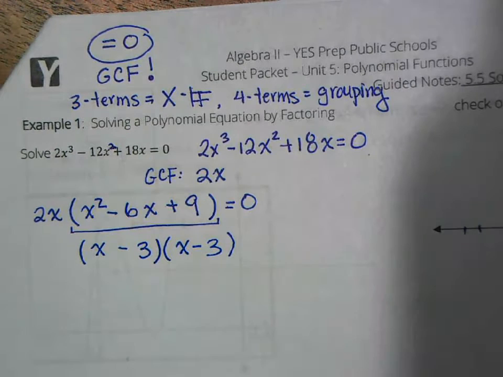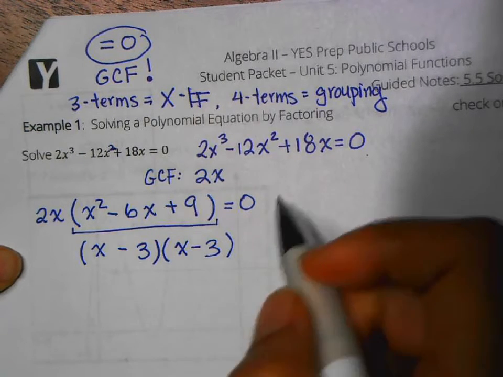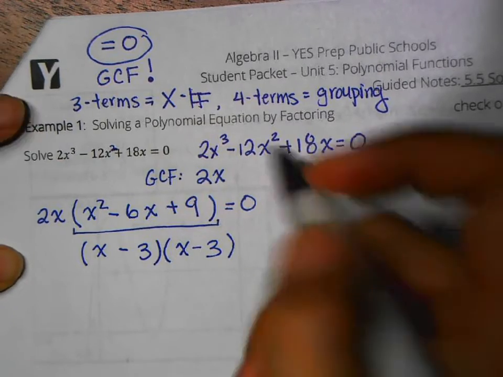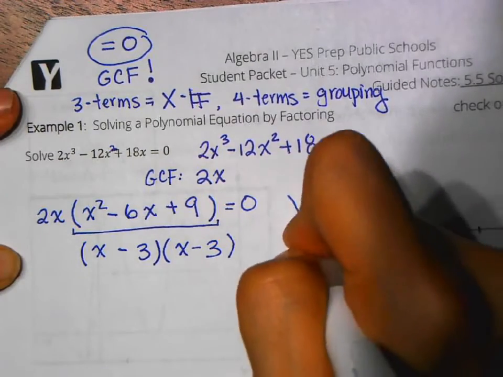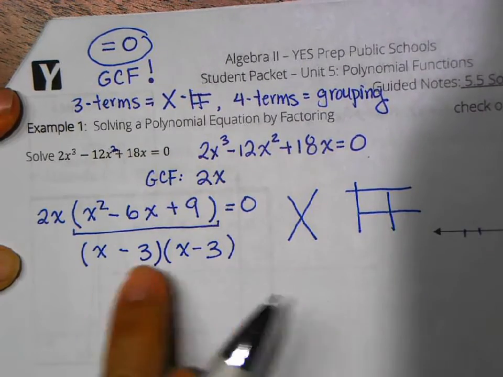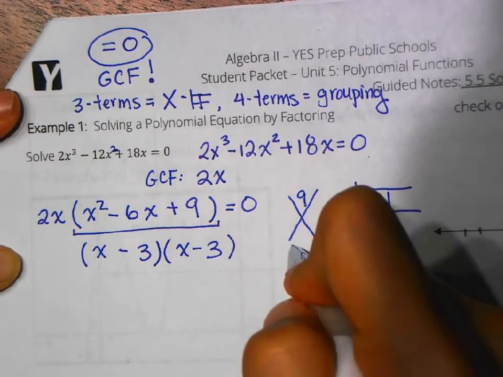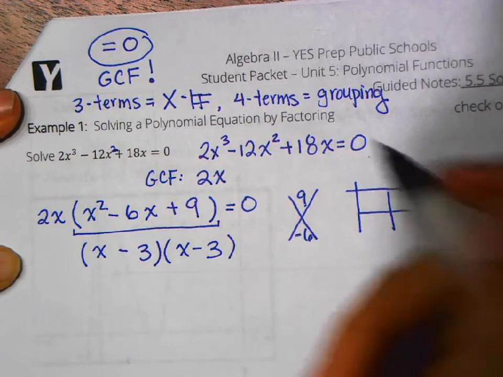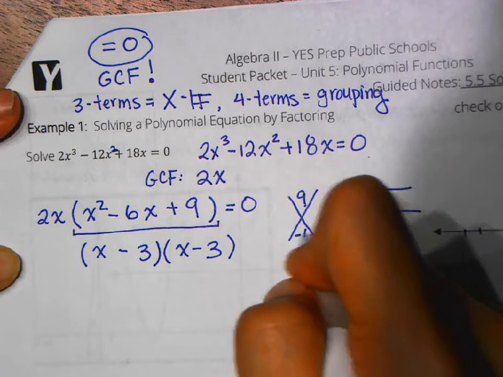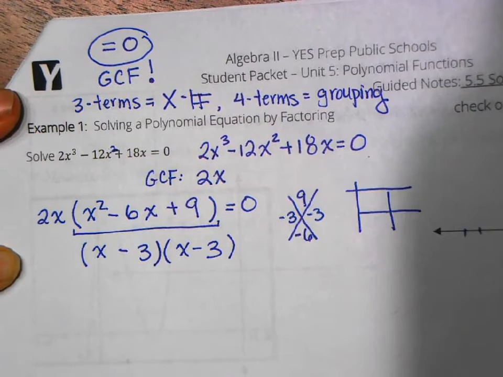Now, if you're like some of us, or if you were like me when I was back in Algebra 2 as a student myself, you might not have seen that right away. You can definitely still do the x box, and that will still get you to x minus 3 times x minus 3. The x box would be 9 on top, negative 6 on the bottom. To multiply to get 9 and add to get negative 6, I would need a negative 3 and a negative 3.